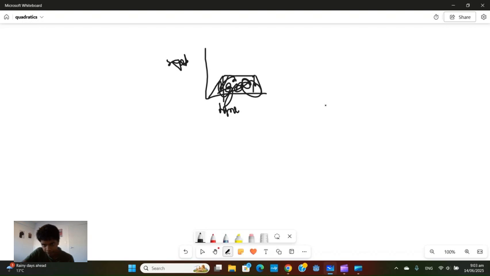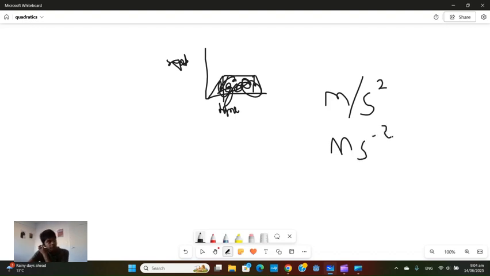It is m divided by s squared, or ms negative 2. Or if you're weird, then it's just m by s by s. That's acceleration.